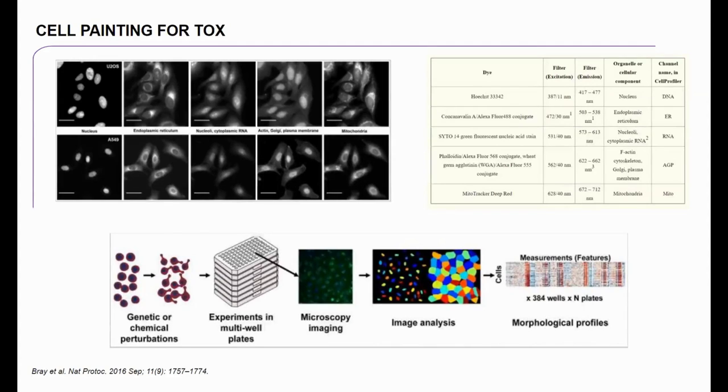So this is kind of interesting how you could use one kind of assay for different types of biology. So that kind of leads to the idea of, okay, well, what if you had an even broader assay that could be even more broadly useful, that could maybe even be completely independent of different types of toxicities or different types of targets. And actually there is something like this, and it's called cell painting.